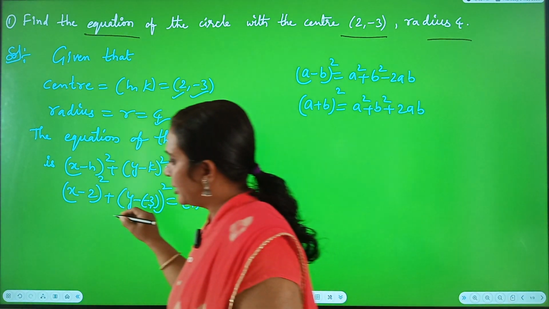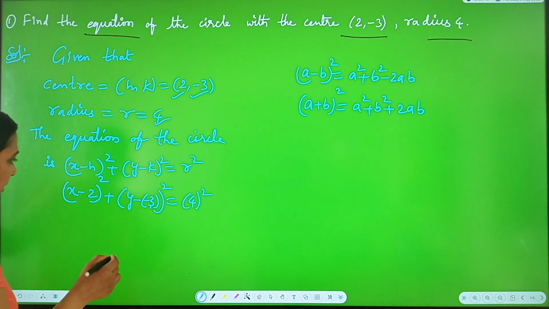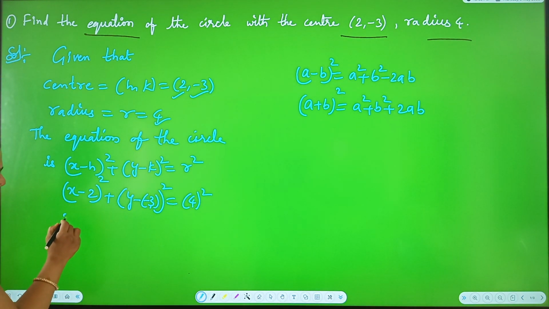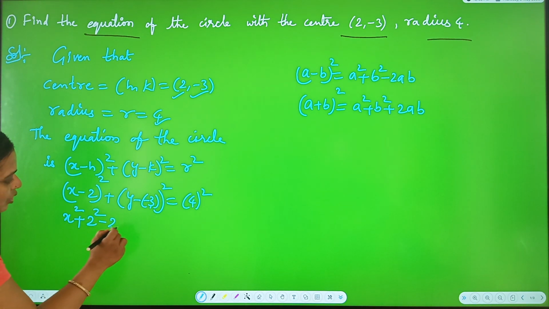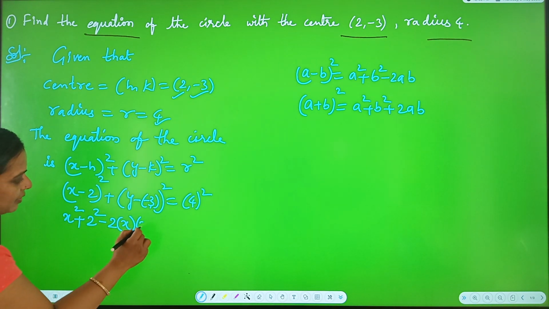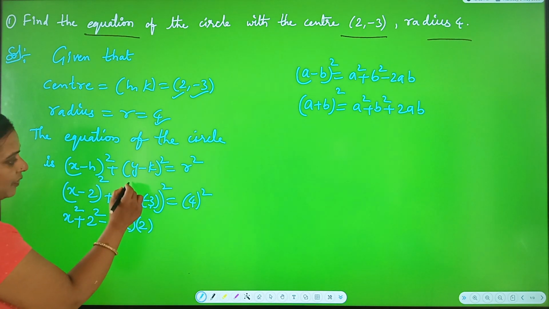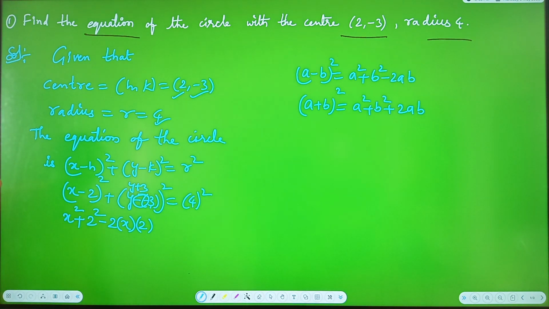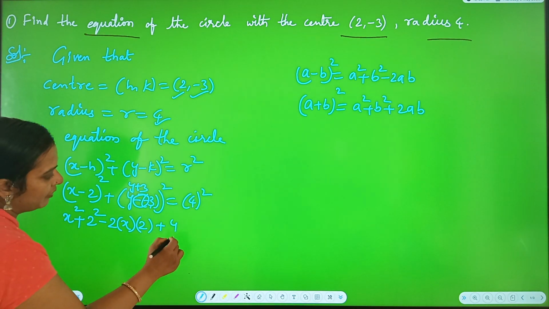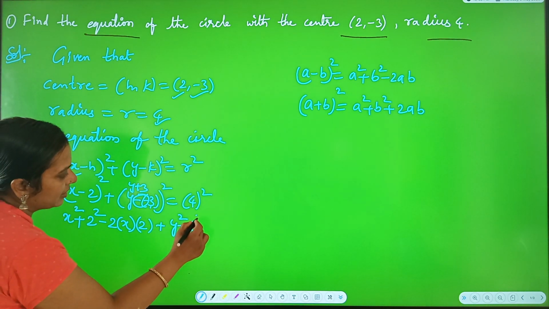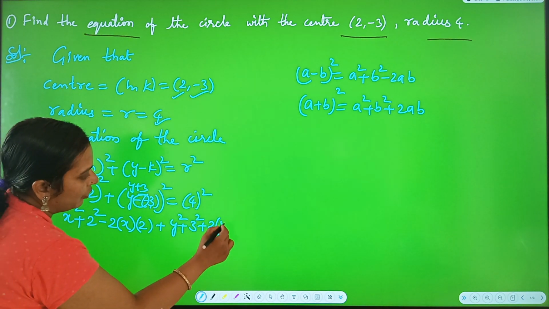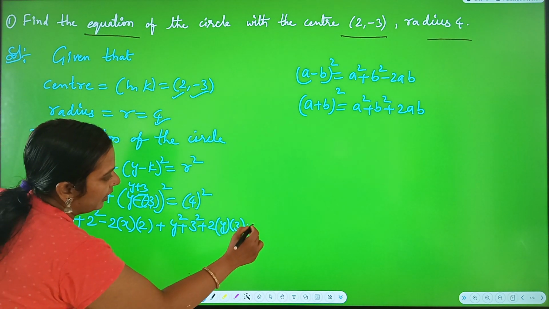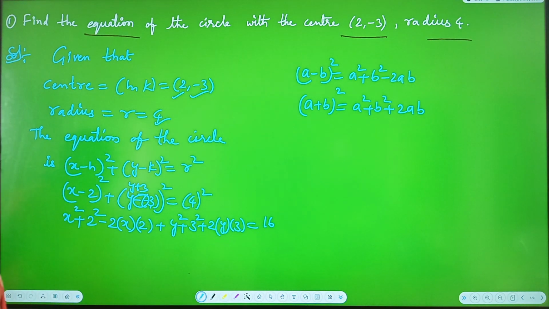These two identities are applied here. Expanding, it is x square plus 2 square minus 2 times x times 2, plus y square plus 3 square plus 2 times y times 3, equal to 4 square, which is 16.